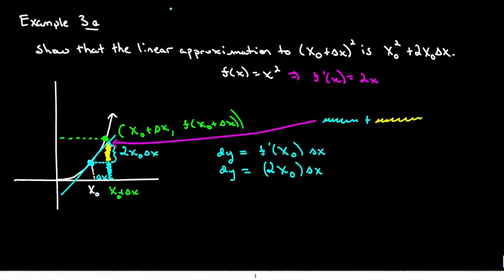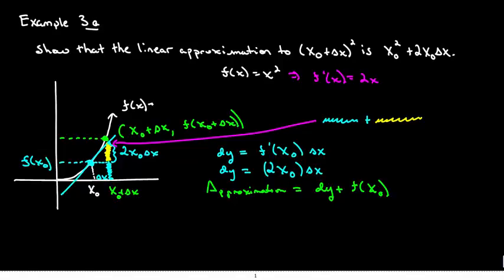But the approximation is dy. So let me write this down for you. The approximation is equal to dy plus whatever the function was at this height. So it's going to be plus f at x naught. And we know that f of x naught, this height right here, since we're dealing with the squared function, is equal to x naught squared.